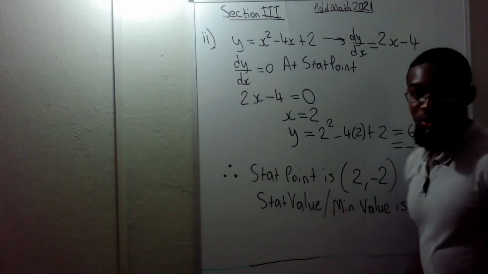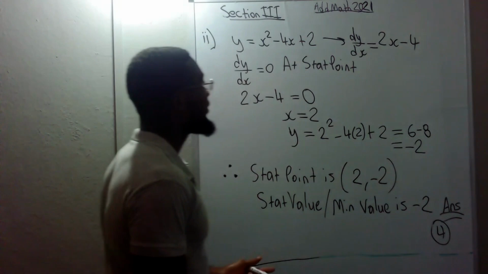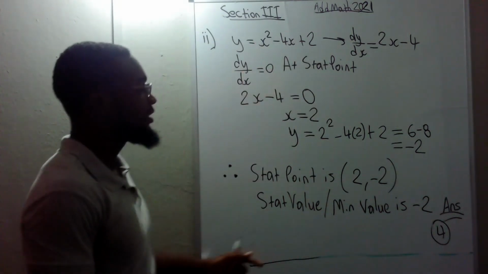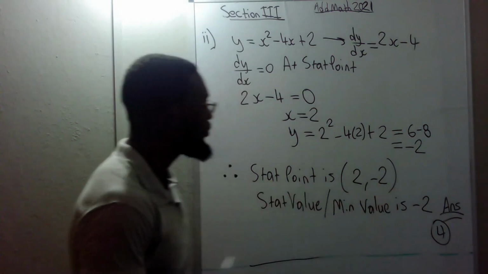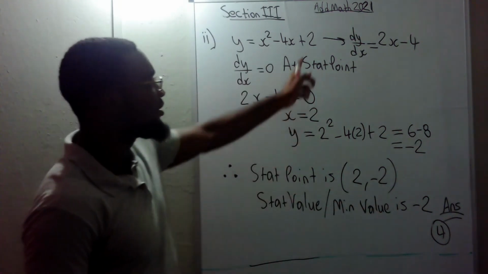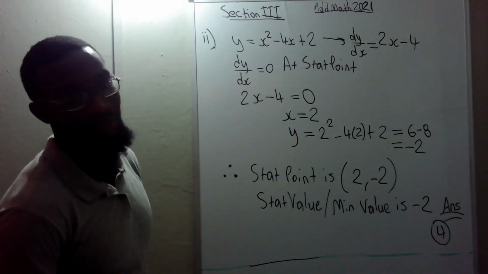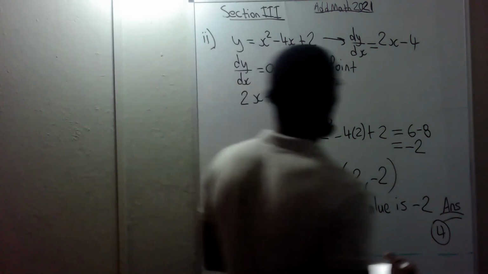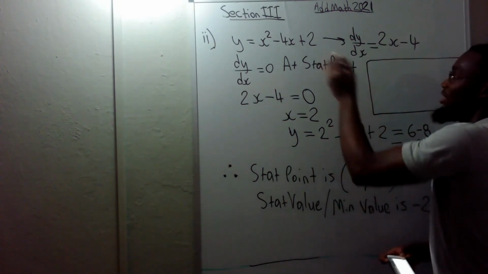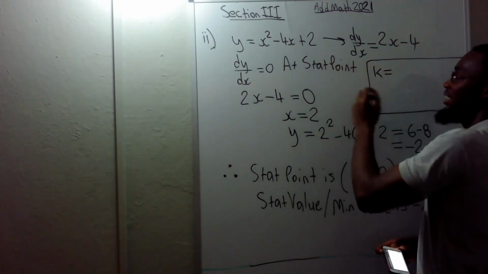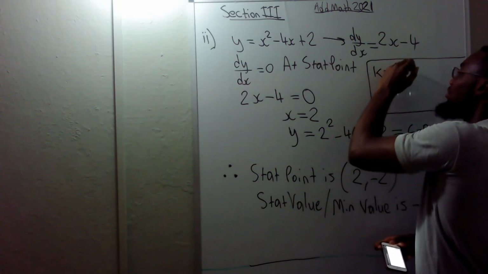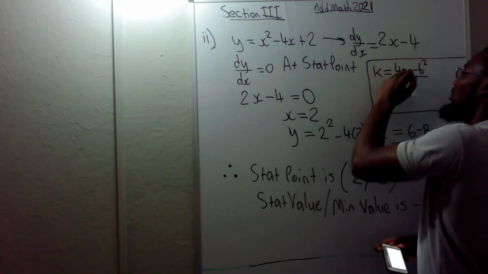Now guys, you didn't need to use differentiation at all to do this. You could have completed the square, used quadratics, and found that this is the turning point. And so this will be the minimum value. All you're asked to do is to find k. So to find the stationary value, guys, look at this. From quadratics, you could just say the minimum value k is 4ac minus b squared over 4a.